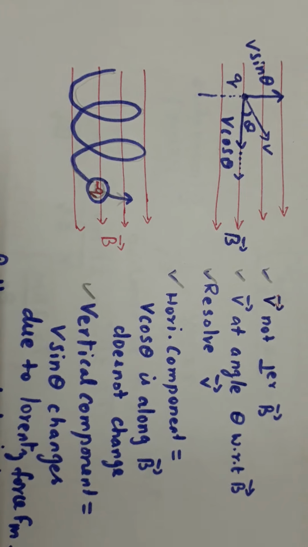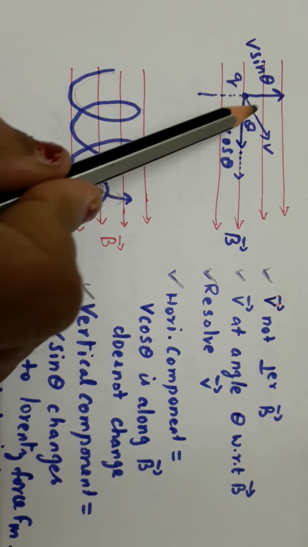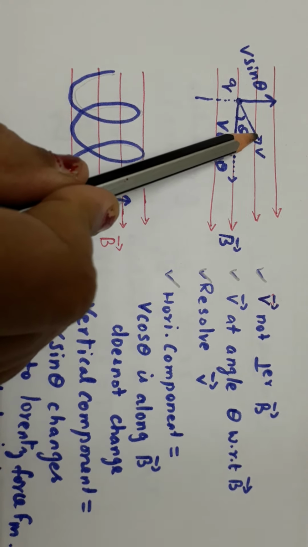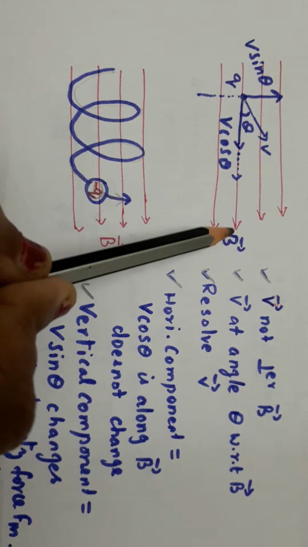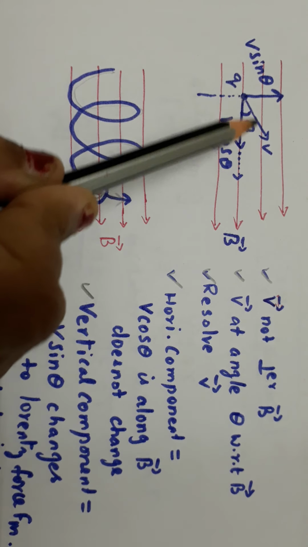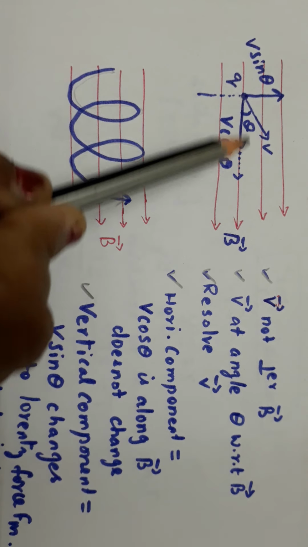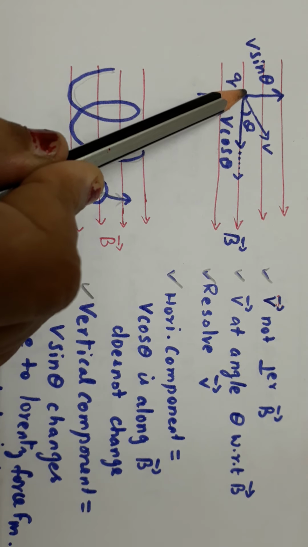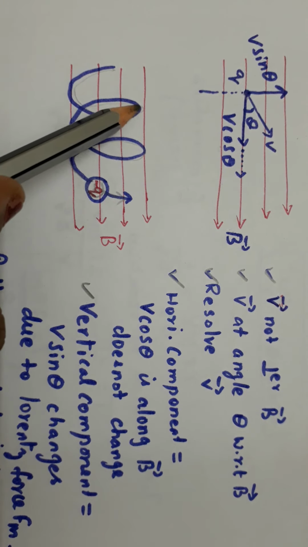Now V sin theta and this B are perpendicular to each other, right? So these two will produce Lorentz force. As a result of Lorentz force, the charge will start to move in a circular path, right children?